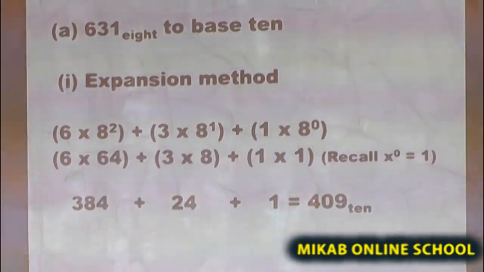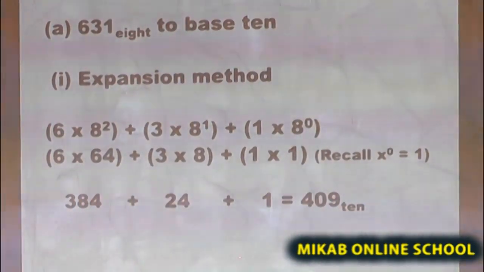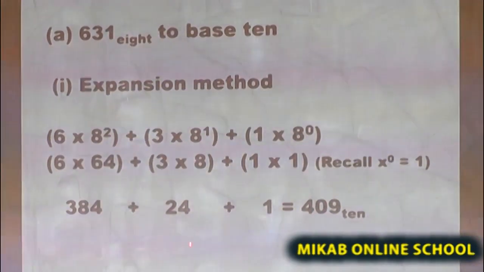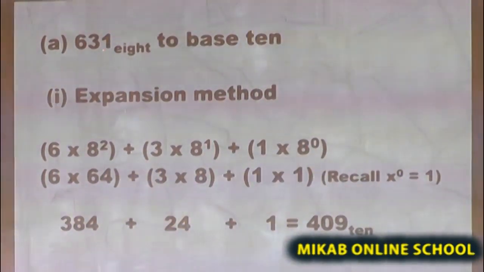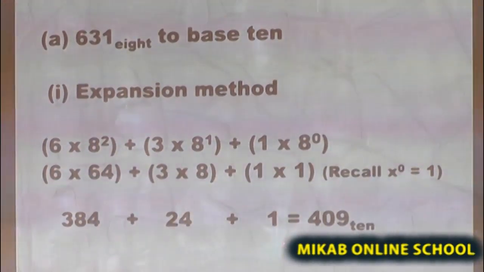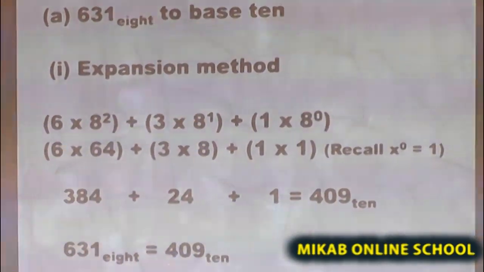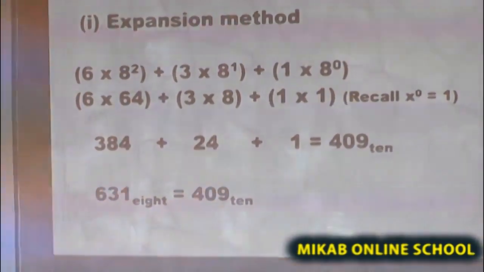I will add everything together to give me 409 in base 10. That means I've successfully converted 631 base 8 to base 10 since I don't want it in base 8. So 631 base 8 is the same as 409 in base 10.